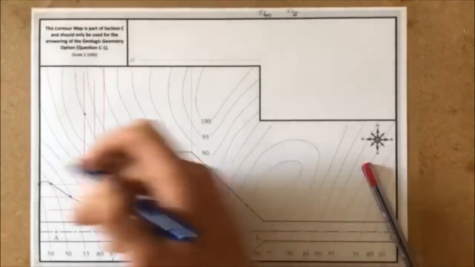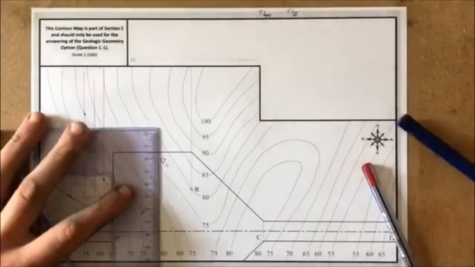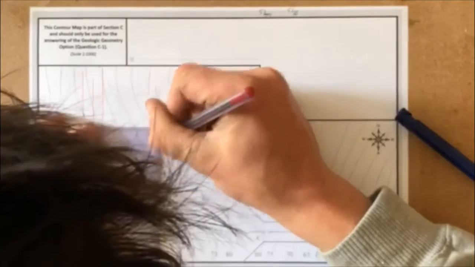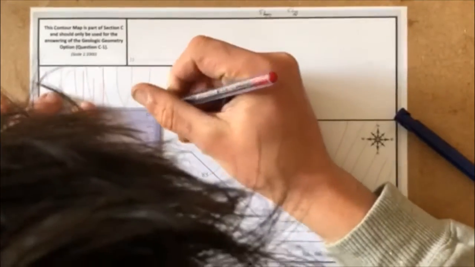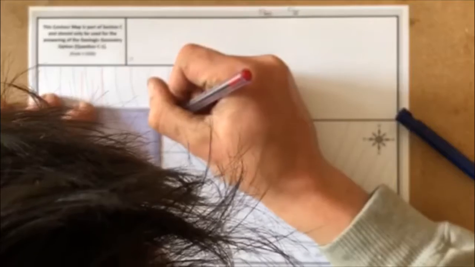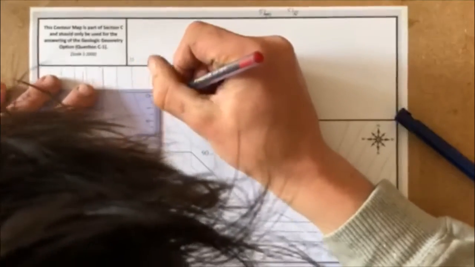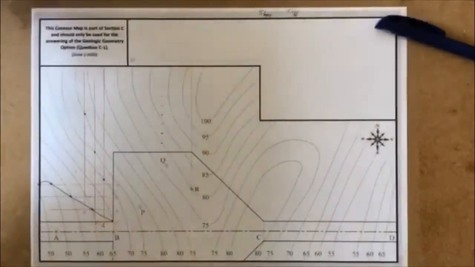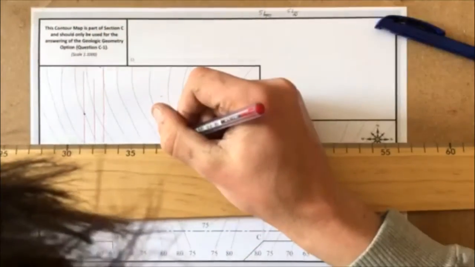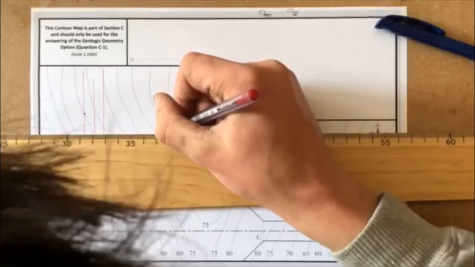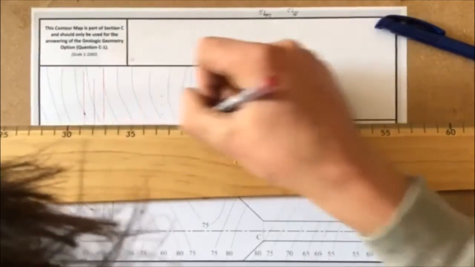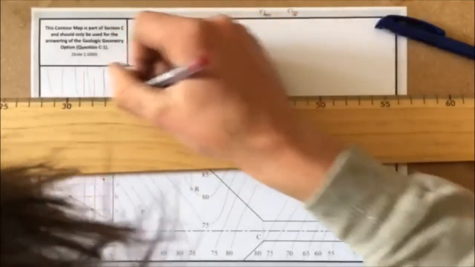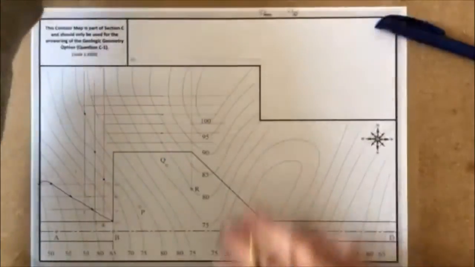Okay. It's the same one across this way here then. So you split it up again. 65, 70, 75, 80, 85, 90, 95.